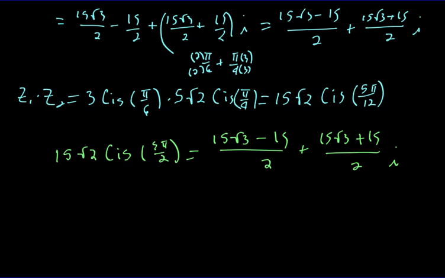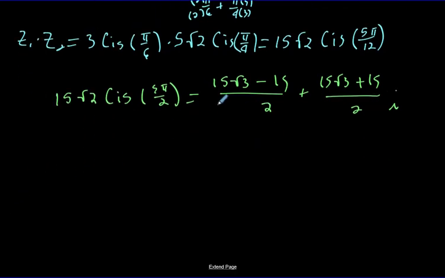And now I can equate the parts. Well, I'm going to simplify this first. I can divide this by 15 root 2 and get CIS of, my bad, 5 pi over 12.